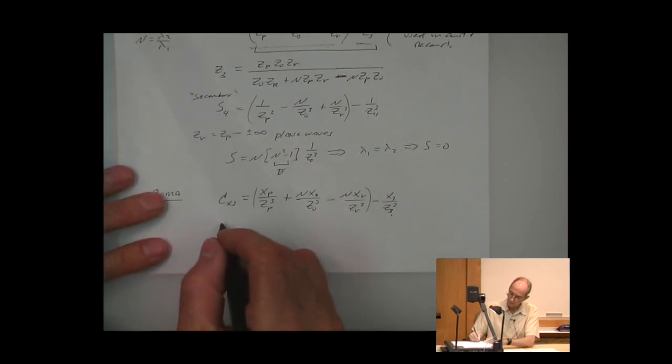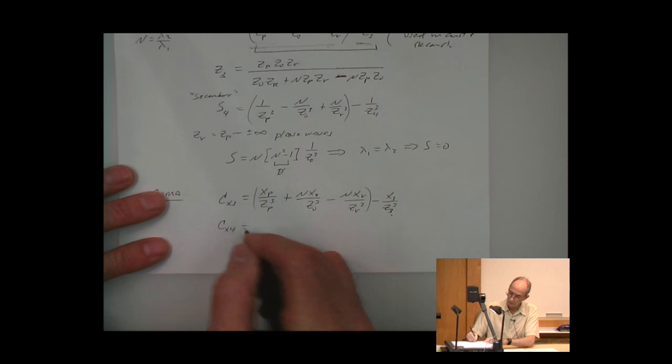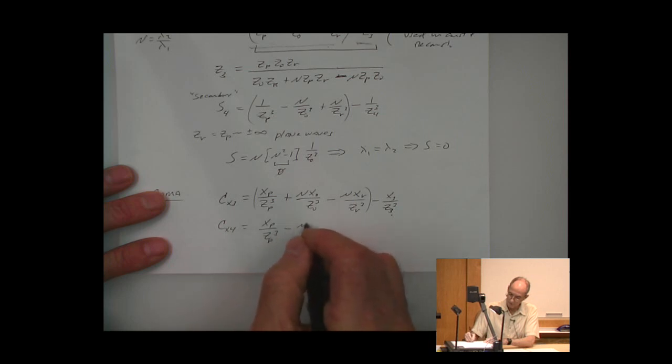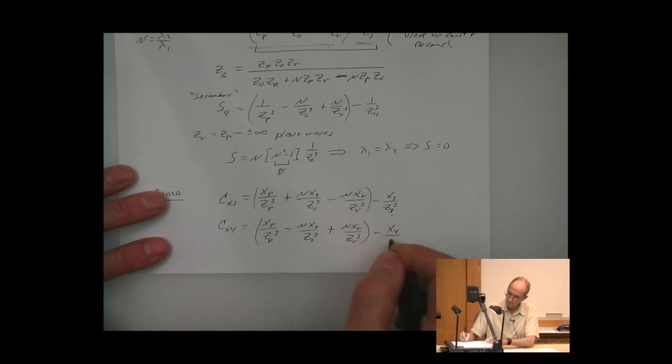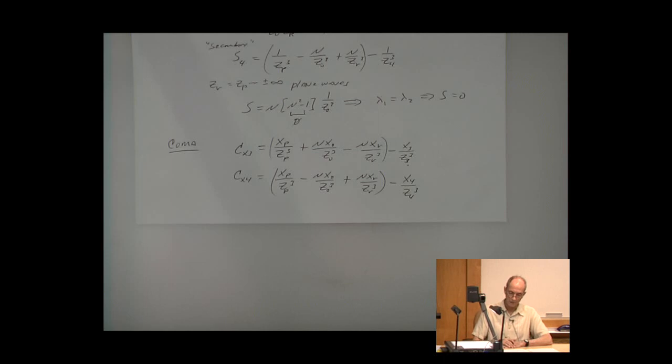And similarly, we'll have a different version for the secondary image, x4. So here we have xp over zp cubed minus mu xo over zo cubed plus mu xr over zr cubed, again minus x4 over z4 cubed. Okay.